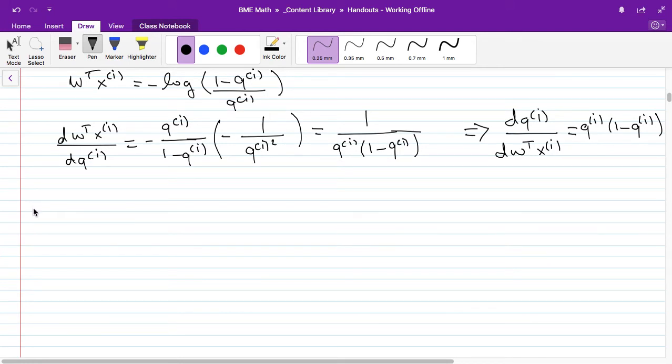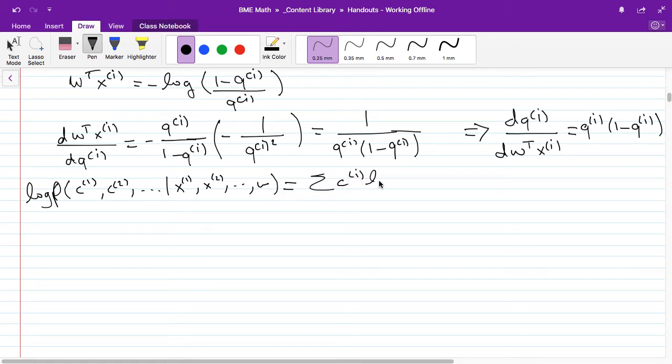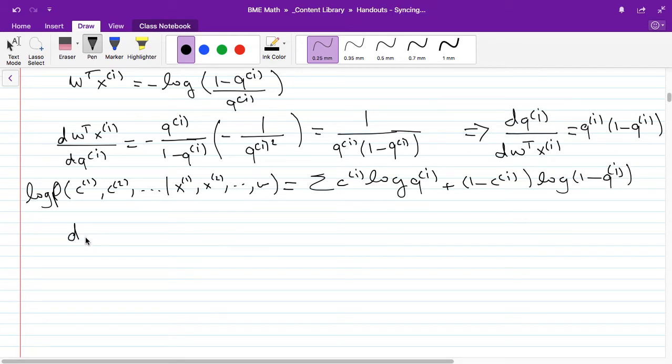So let's get back to our likelihood now. How do we use this information to find our derivative? We had the log of the probability of these classes given x and w, which was equal to the sum of c_i log q_i plus (1 minus c_i) log (1 minus q_i). So I'm going to say the derivative of this log with respect to w is equal to this, but I'm going to find the derivatives using the chain rule.